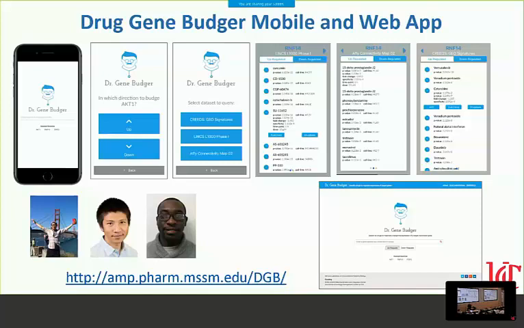So we have developed also, what started as a summer research project by Kevin Sani, an undergraduate student in chemistry at Harvard, and then with the mentoring of Zichen, and the work of Ned He, who has a poster about it here, we created this phone app that is called Dr. Gene Badger, where you type in your gene, and then it asks you whether you want to upregulate or downregulate the gene.